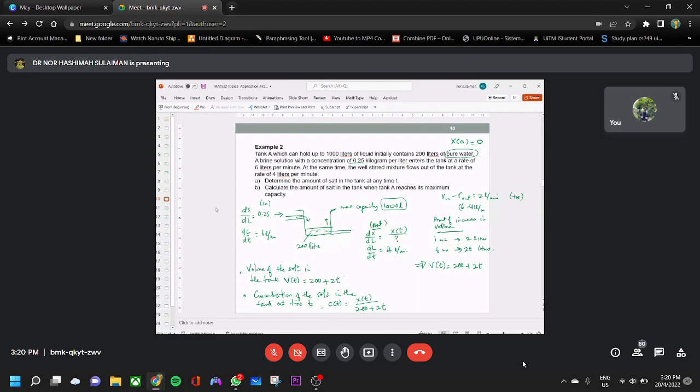Maknanya bila solution ni bertambah by 2T, the volume will be increasing at the rate of 2 liter per minute, alright? So the volume will be the initial 200 plus 2T, jumlah kenaikan adalah 2T, and then dia akan reach the brim of the container ni.